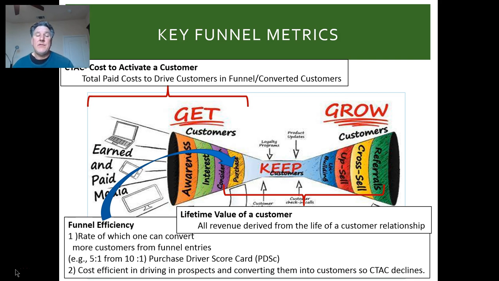So we may have 10 prospects up front. We get them down to 5 aware. We get them 3 interested, 2 consider, and 1 purchase. That gives you a 10-to-1 ratio. But if we can go from 5 consideration down to 1 purchase, that's a much more efficient effort.